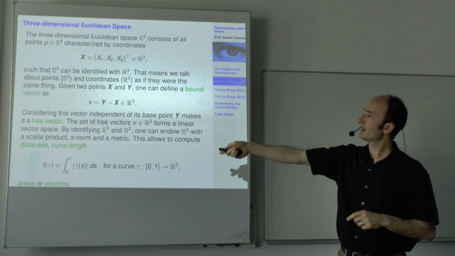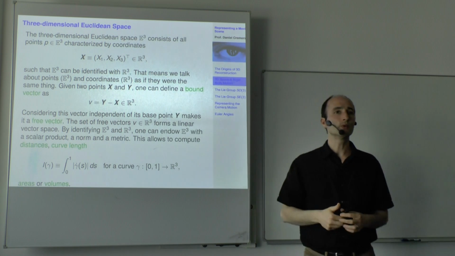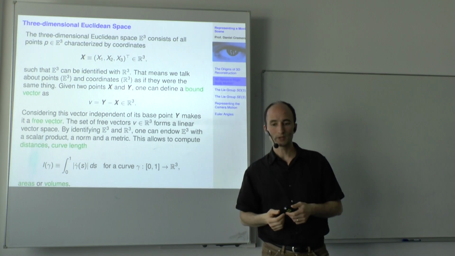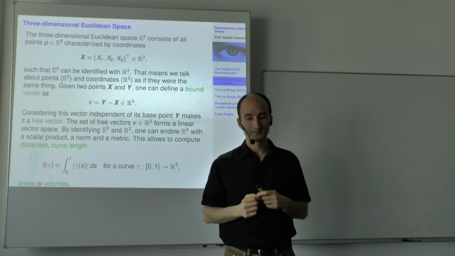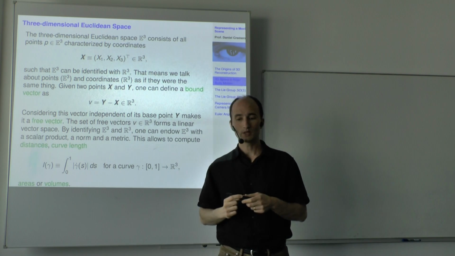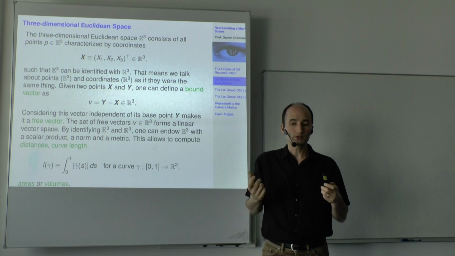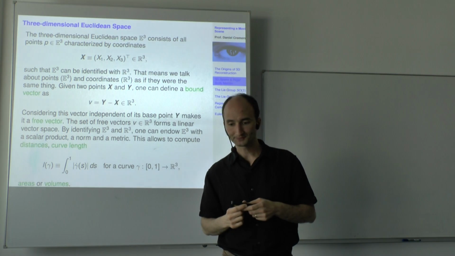Once we identify, as we typically do, the Euclidean space with R3, we can use all sorts of things from R3. We can use the scalar product in R3 of 2 vectors. We can use the norm in R3, the Euclidean norm, and we can use metrics. We don't have to use Euclidean norms, but in practice we often do.